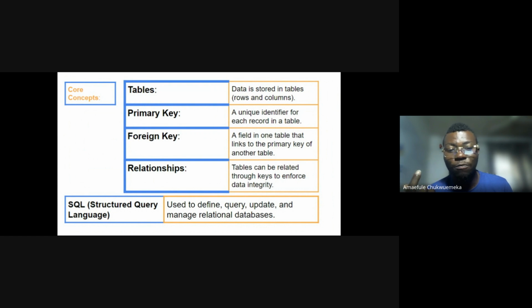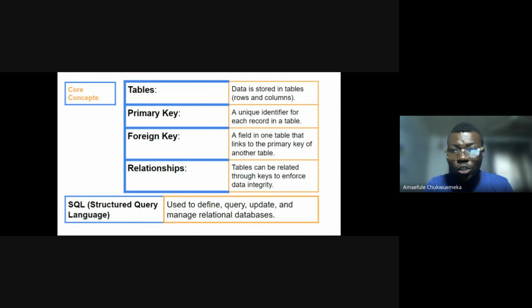So if we put a customer ID in the product table, that customer ID in the product table becomes a foreign key to the product table. Do you get? So the moment we transfer an ID, which is a primary key, from one table to another table that it doesn't relate with, then that table is holding a foreign key. Makes sense, yeah?